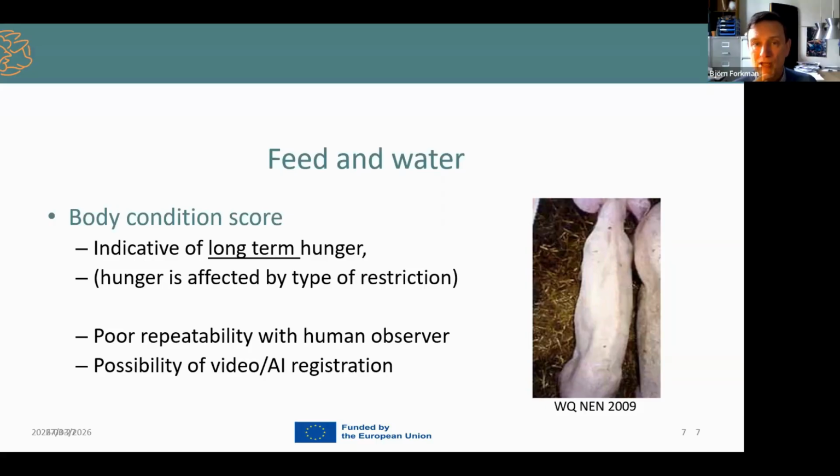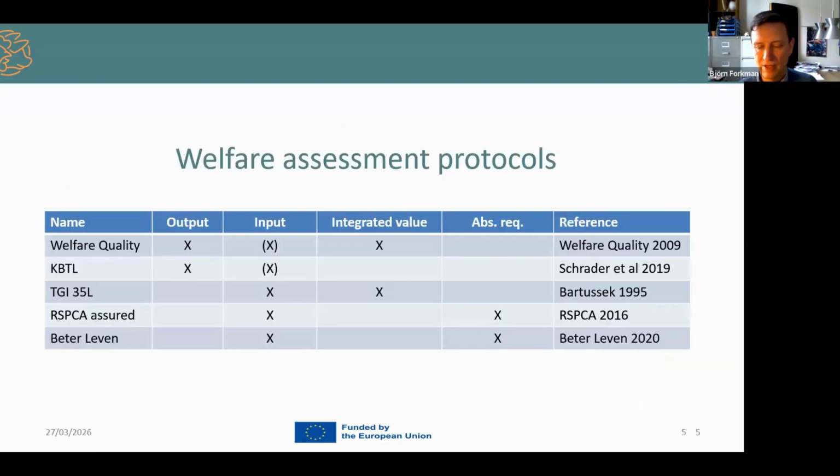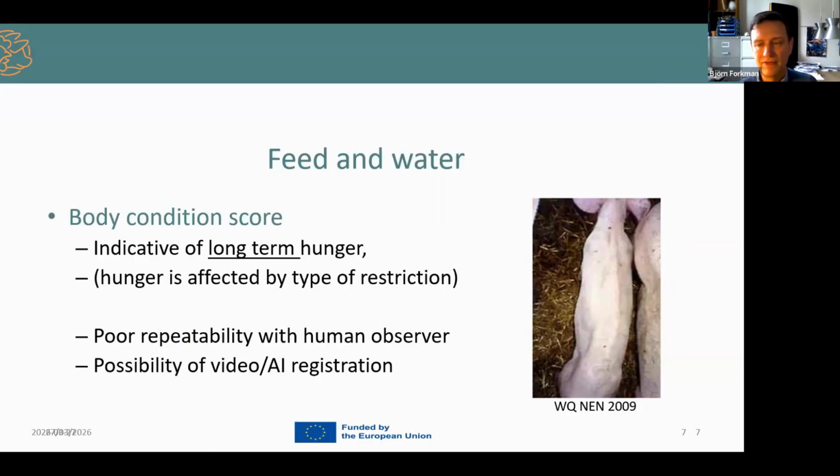The second problem with body condition scores is that there's a poor repeatability with human observers. So we can probably agree that this pig here is very thin. But as soon as you get into less clear examples, there's a poor repeatability.